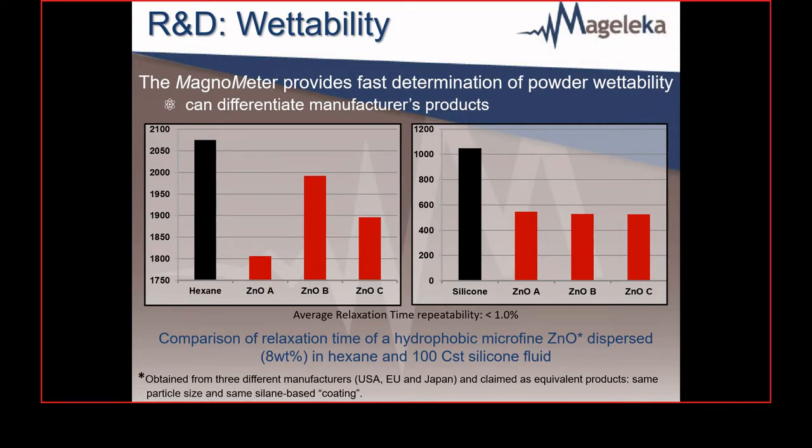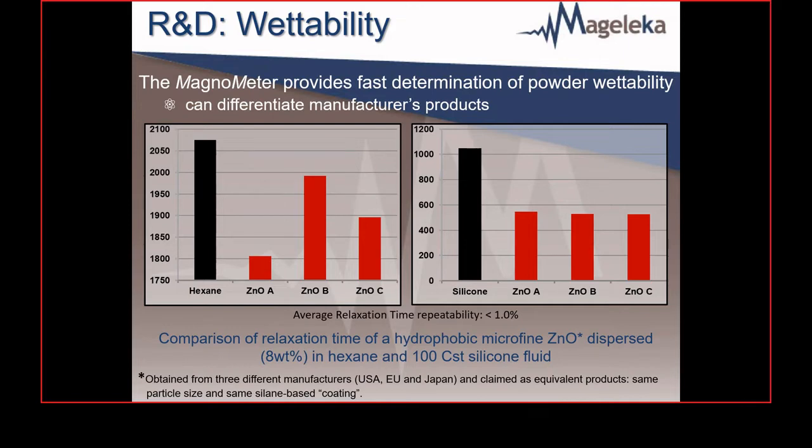Sample A here was by far the most efficiently wetted. Sample B, the least. So what this shows is that notwithstanding the manufacturer's claims, the silane coating for each zinc oxide surface cannot be identical, either in composition or concentration itself.